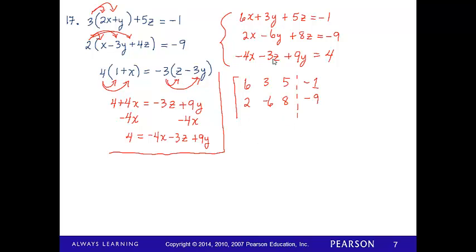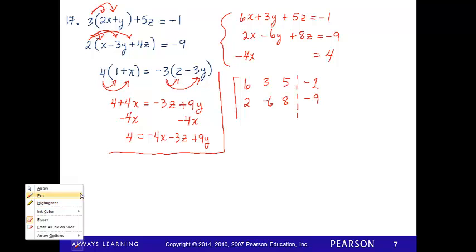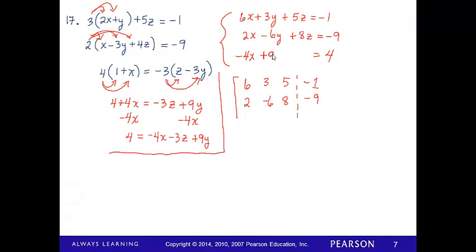What was my mistake? I need to make sure that my x's, my y's, and my z's are lined up, correct? So let me rewrite the last equation. So it's negative 4x plus 9y minus 3z equals 4. So let's do that again. So negative 4, 9, negative 3, positive 4.